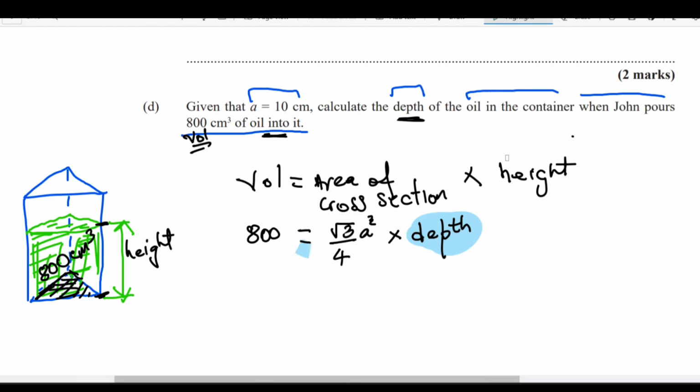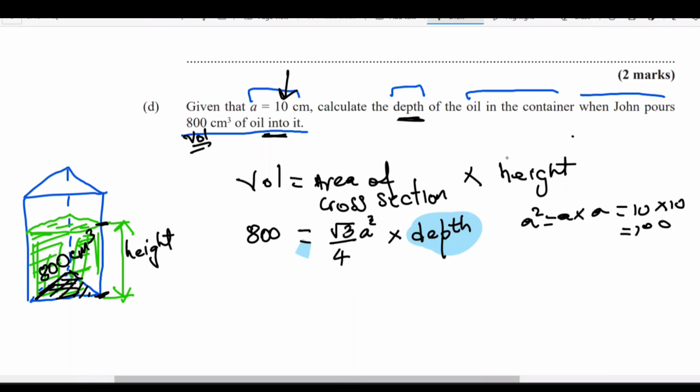We're going to have to divide, but we got something here. We got a value for A. So we want to rewrite this using the value of A. So A square means A times A, which will mean 10 times 10, which is 100. So we're going to be using 100 for A square.